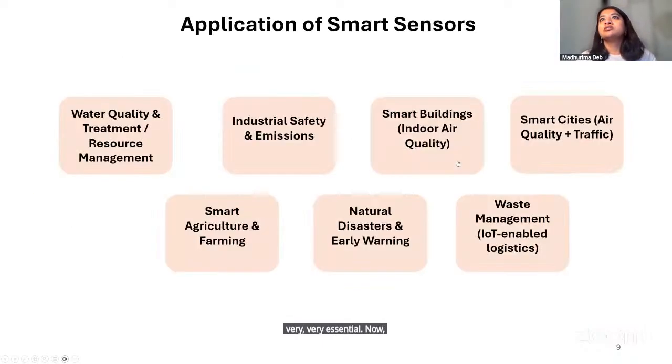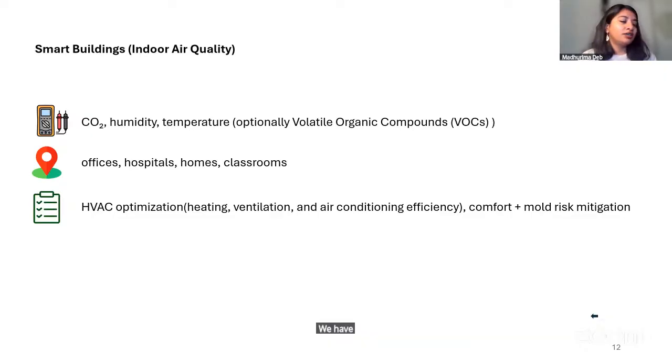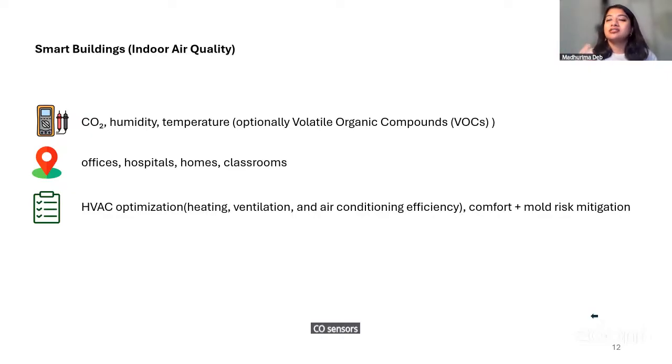Now we go to the smart building. Again, I think this is very common all over the world nowadays, that we have air quality measuring sensors in our home, like CO2, humidity, temperature, CO sensors, VOC sensors. These are very common. Inside closed rooms and classrooms, I think it is good.